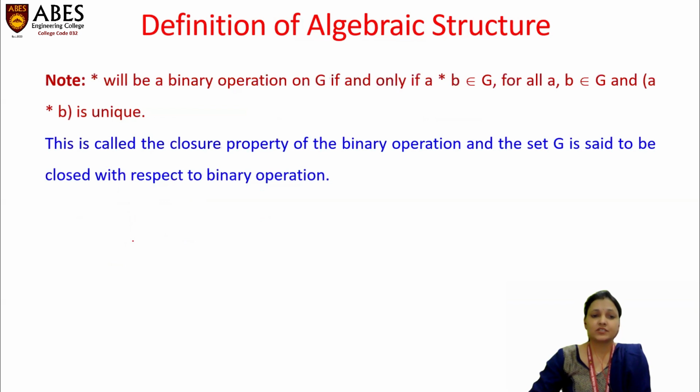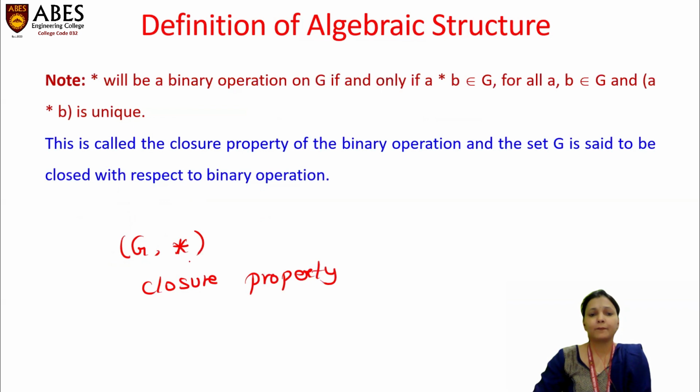An algebraic structure has to follow a property which is known as the closure property. So what is the closure property? The closure property says that if we apply this binary operation on any two elements of this set, then the result of the application of this binary operation should belong to this particular set.